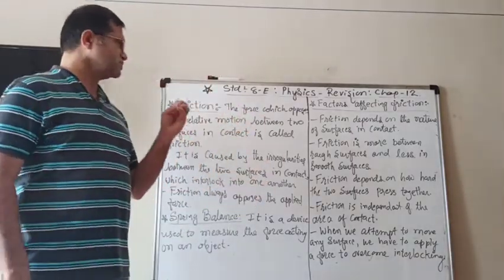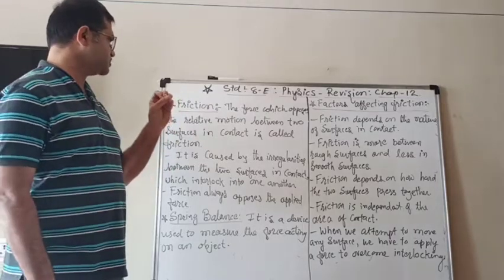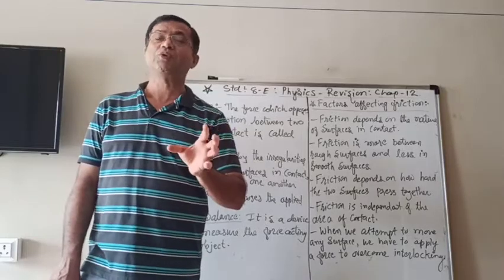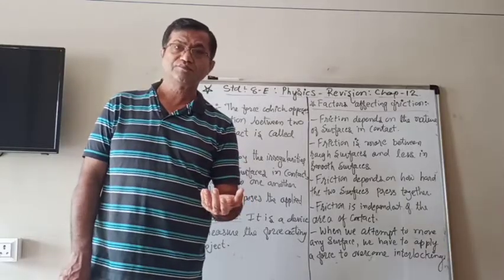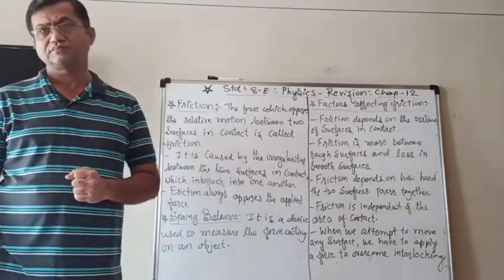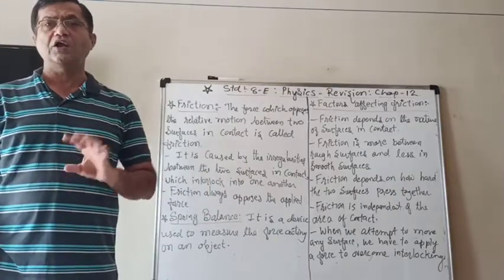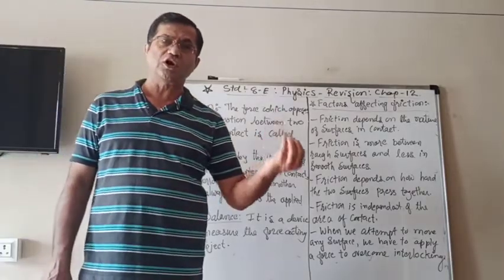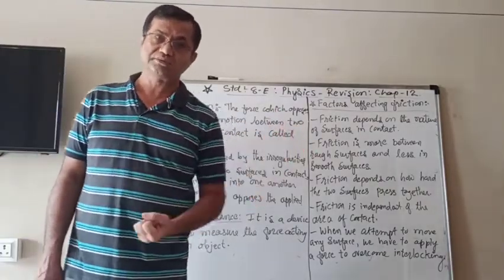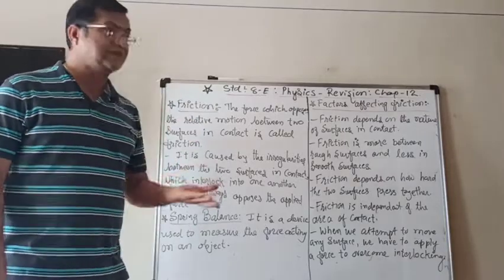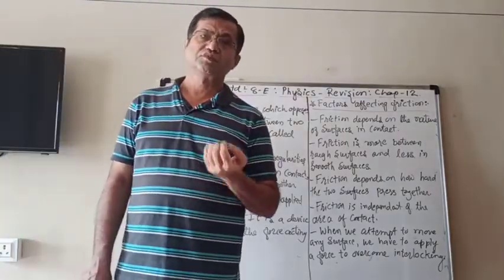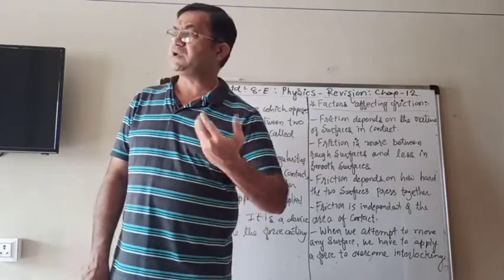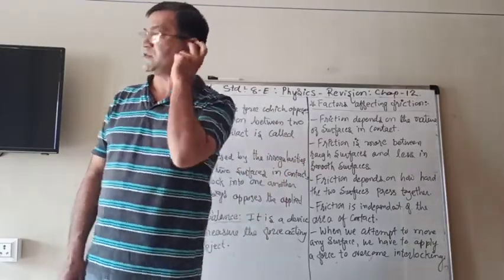So here, when two objects are in contact and in relative motion, either one of them is moving or both of them are moving along each other's surfaces, this force of friction occurs. What is the reason behind producing this force of friction when there is relative motion between two objects?